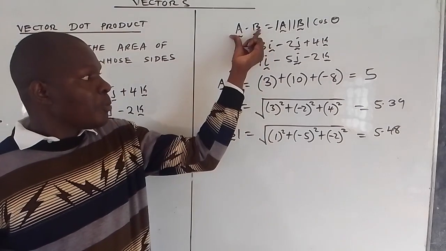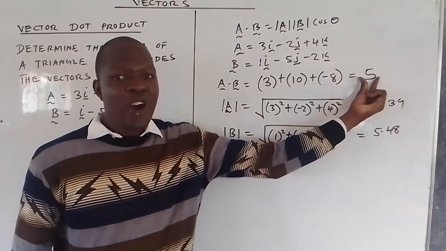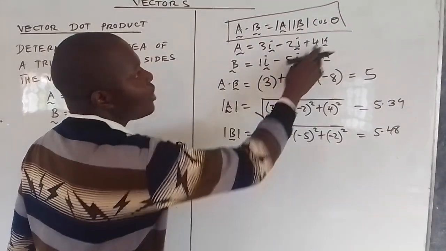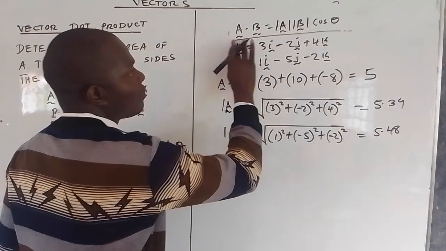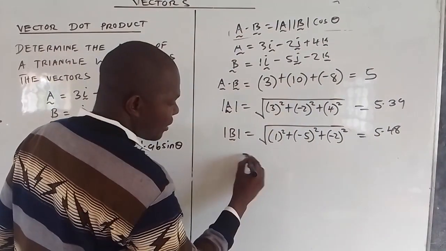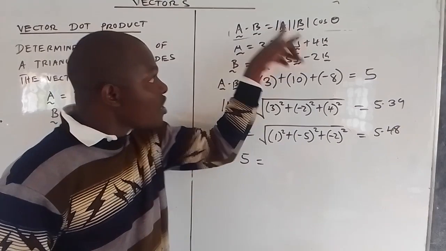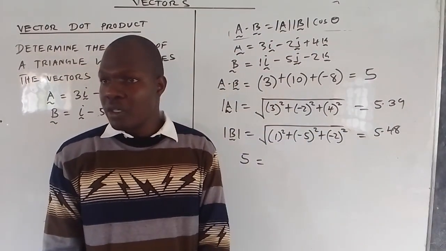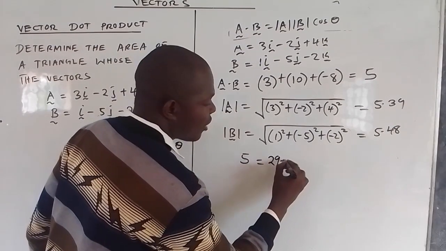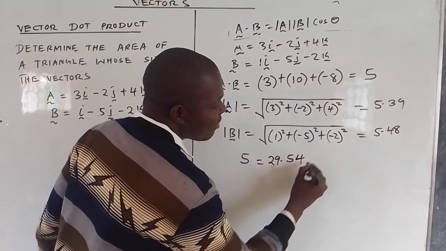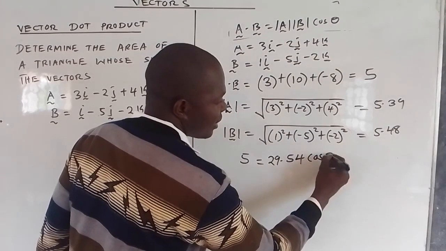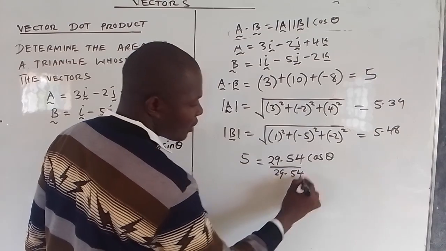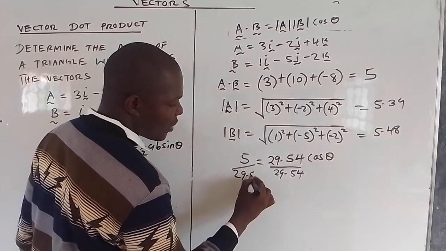So the next thing is just to substitute. Where there is A dot B, you put the value we found, which is 5. Then the magnitude of A times the magnitude of B, 5.39 times 5.48, gives 29.54, then times cos theta. To get cos theta, you must divide both sides by 29.54.